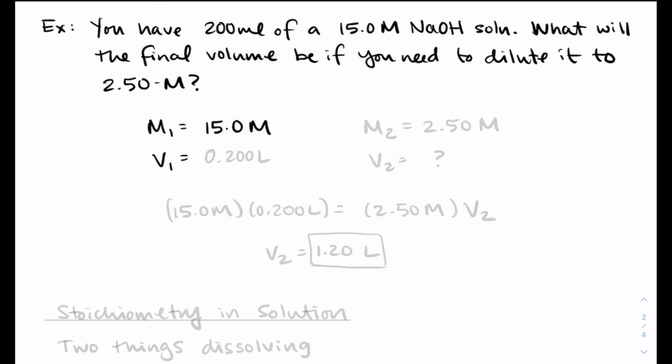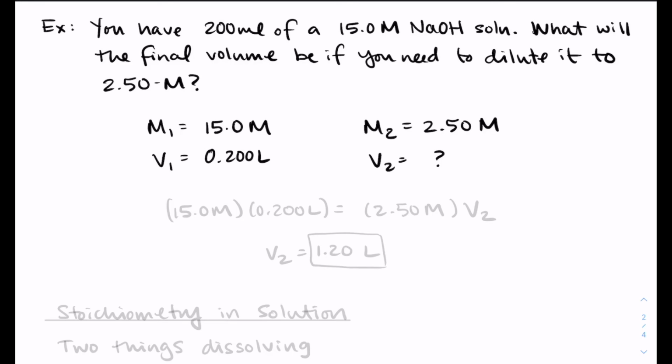So my first solution has a molarity of 15 and a volume of 0.2 liters, right? I was given 200 mL, but if we're going to put in the correct units, we need molarity in molarity, which, well, it is, and we need volume in liters. My after version, so my second solution, I want to dilute this to 2.50 molar.